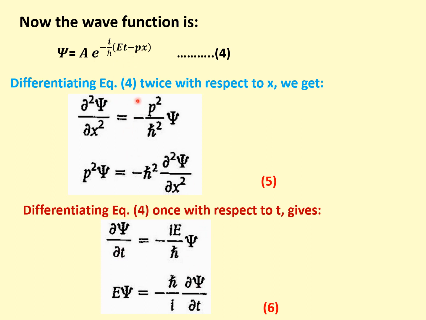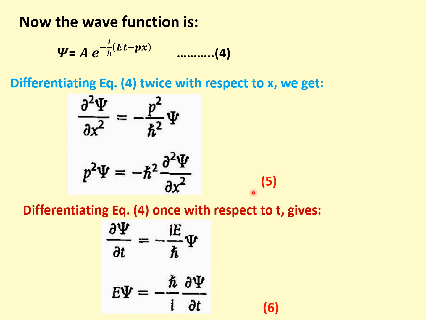Then we have minus i E by h bar into psi. From here we can find E psi equal to minus h bar by i delta psi by delta t. So we need these p square psi and E psi terms so that we can get the final Schrodinger equation using the energy function.